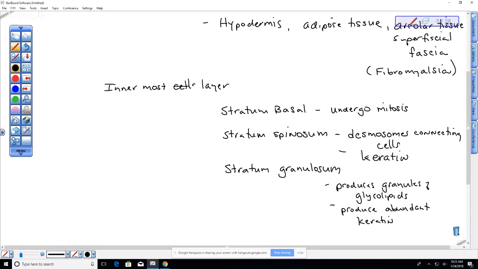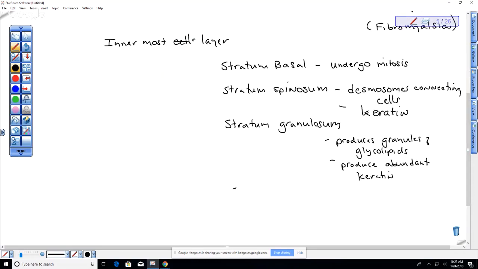The outermost layer of the skin is called the stratum corneum. Think corn, like hard. This is the outermost hard layer, and it's a really interesting layer because it is made of dead cells. They lack nuclei and are filled with keratin.